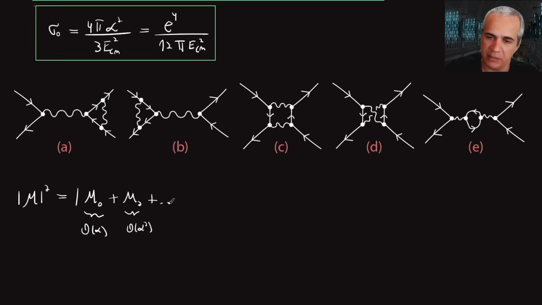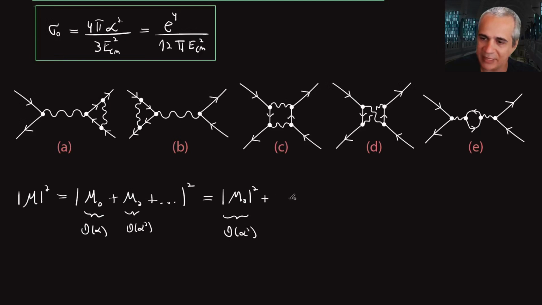And bigger corrections, right? But when you take the modulus square of this expression, you get, of course, the leading order correction, which is the one written right here. In fact, this is the cross section, but M0 square is going in there, right? And this is order alpha square.